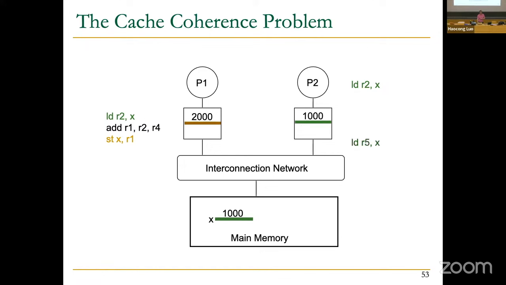Then the question is, what should this processor load? When it loads X, should it load 1000? Actually, the easiest answer is it should not load 1000. But this also depends on something else, which I don't want to get into, which is the memory consistency model. But the intuitive answer is really, this should not load 1000, right?